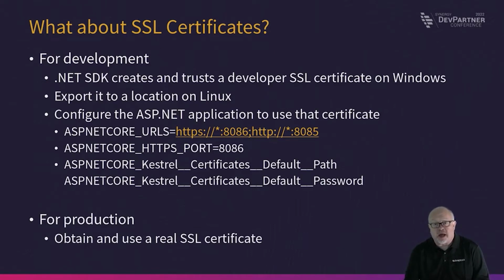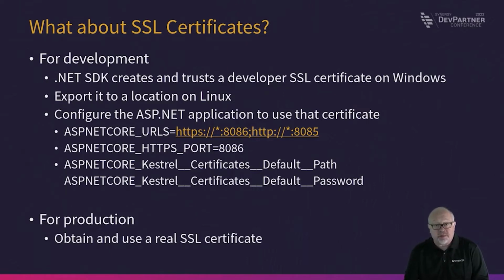In .NET Core and 6 development environments on Windows, ASP.NET Core creates a self-signed developer certificate and registers that certificate as trusted by the developer's Windows system. On Linux, for developing and testing, we must take a couple of additional steps to provide a copy of that certificate on the Linux system and to tell the ASP.NET application to use it.